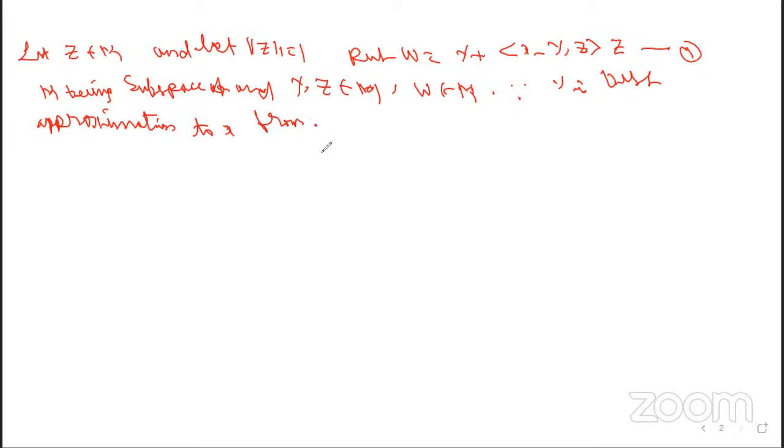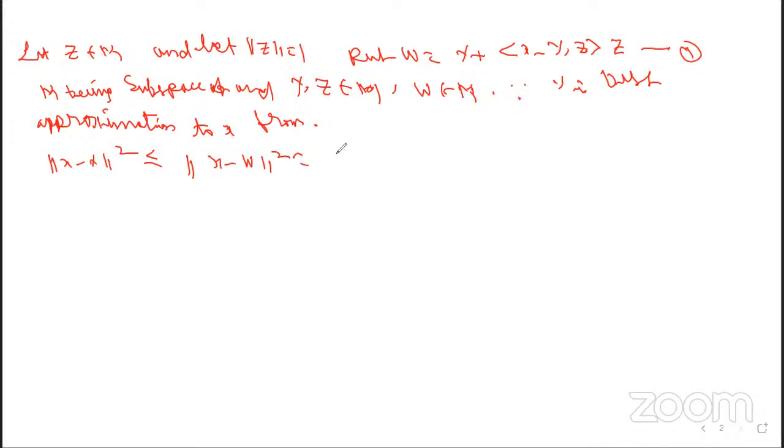we have norm of X minus Y whole square is less than or equal to norm of X minus W whole square.